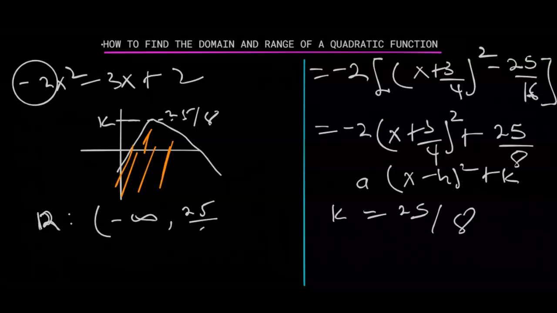But because 25 over 8 is part of what we are looking for, less or equal to, we use that. Or we can write this as y is such that y is always less or equal to 25 over 8.